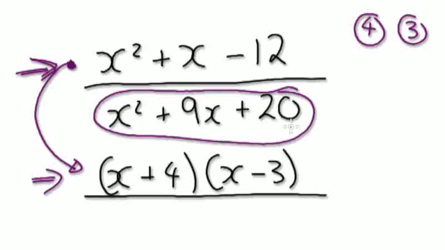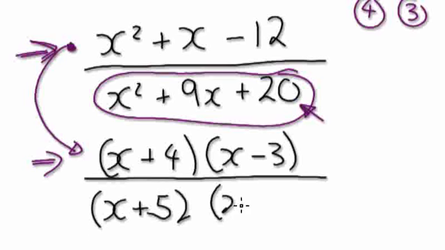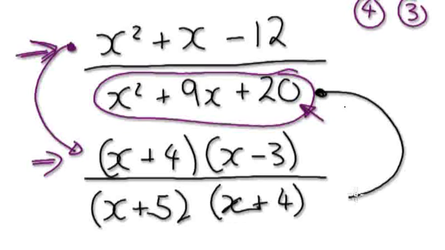Two numbers multiplied together must give you positive 20, but when added together give you positive 9. So you should be able to jump immediately to plus 5, and then x plus 4. If you can't factorize from here to here easily, then watch some of the early videos.